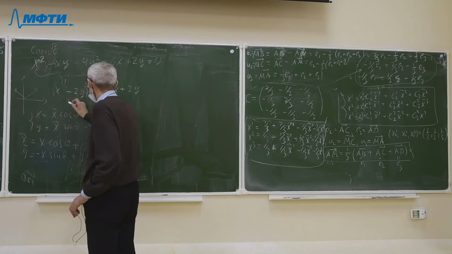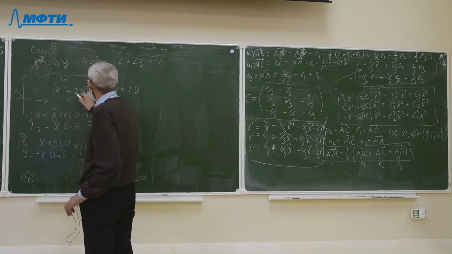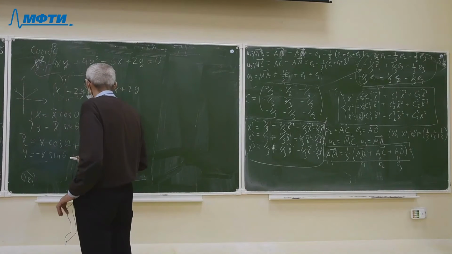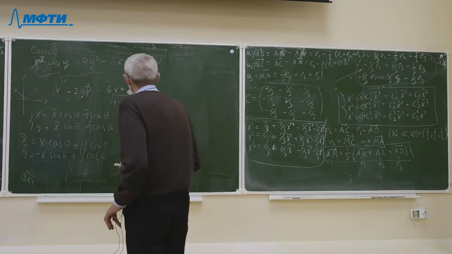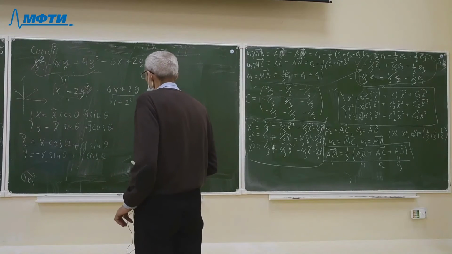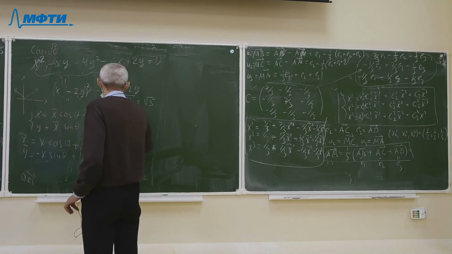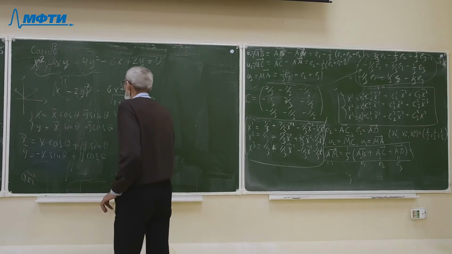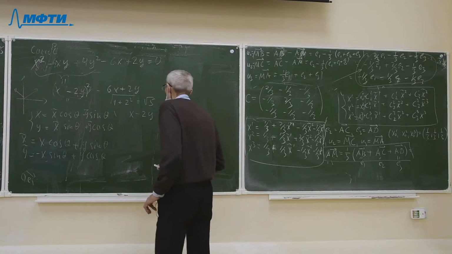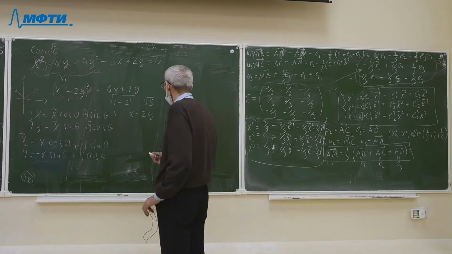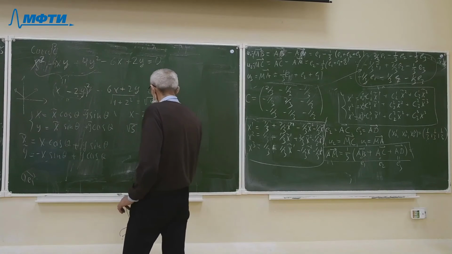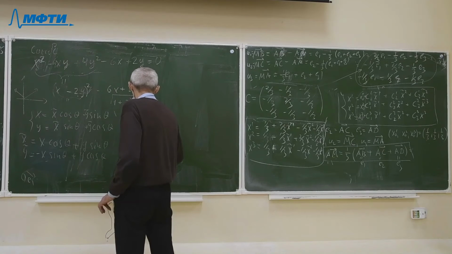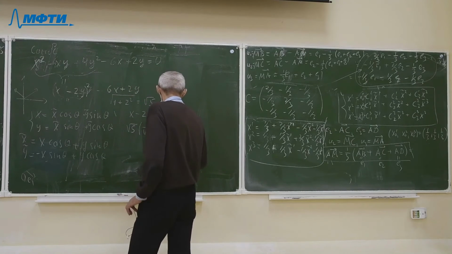These coefficients define the length of the vector: 1 plus 2 squared is equal to the square root of 5, and we can rewrite the expression x minus 2y in the following form: root 5 times (x over root 5 minus 2y over root 5).